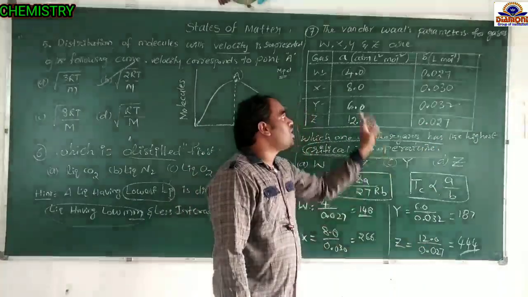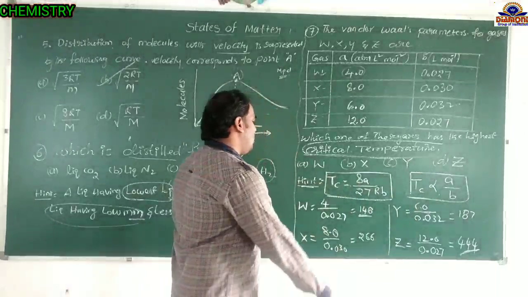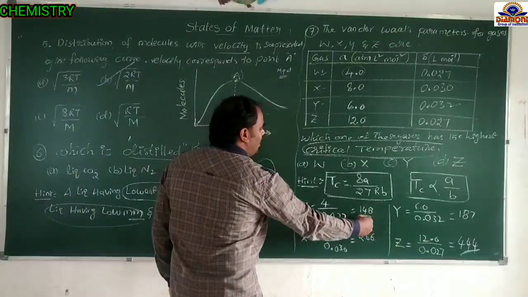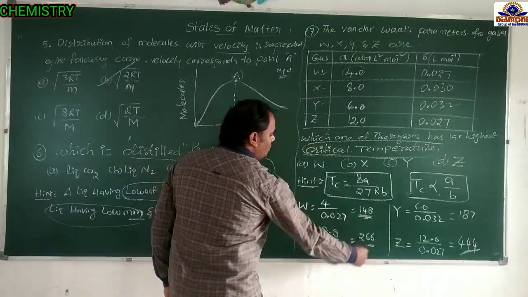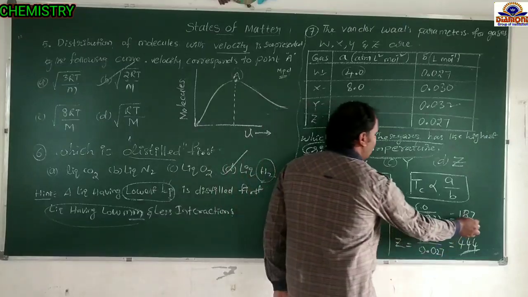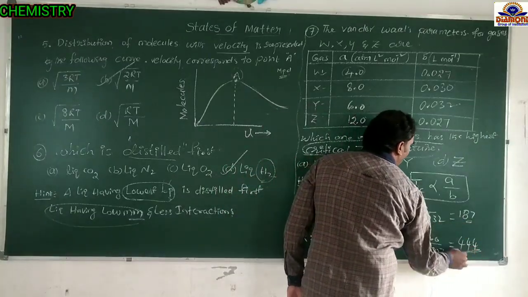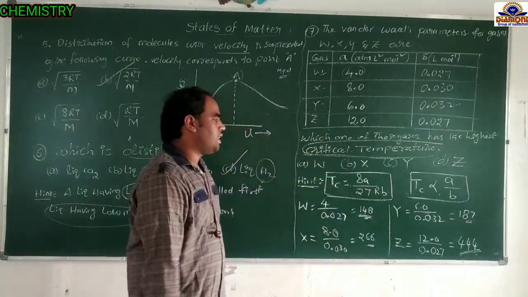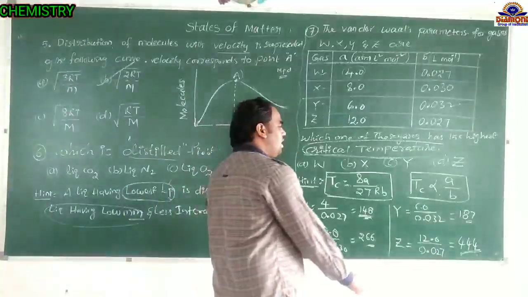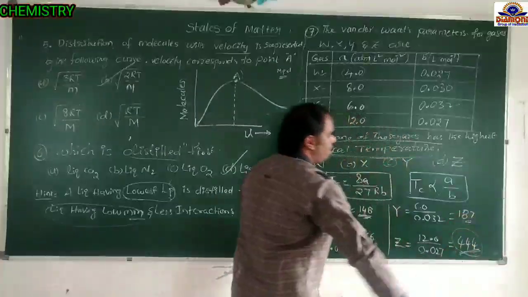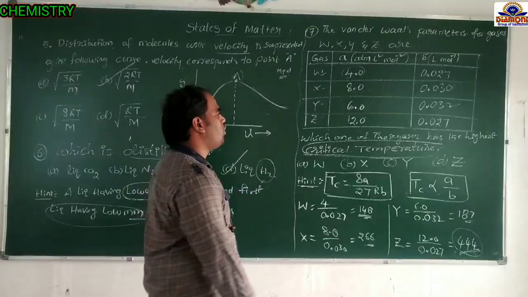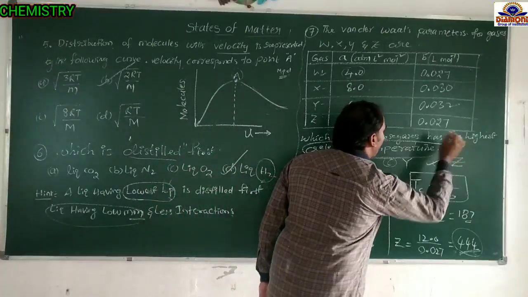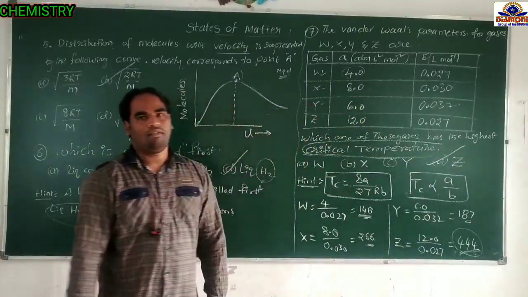The A by B values are approximately 148, 266, 187, and 444. In which case is the critical temperature more? In the Z case, that is 444. Therefore Z has the highest critical temperature.